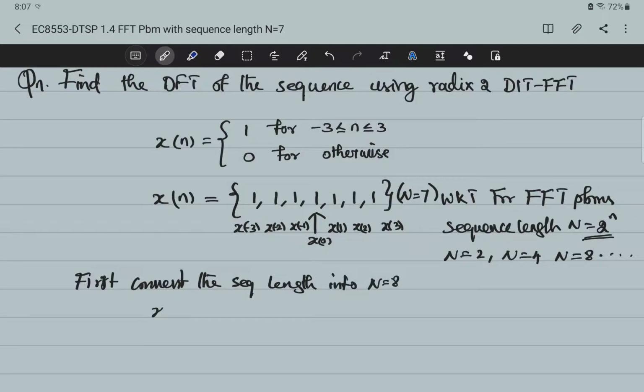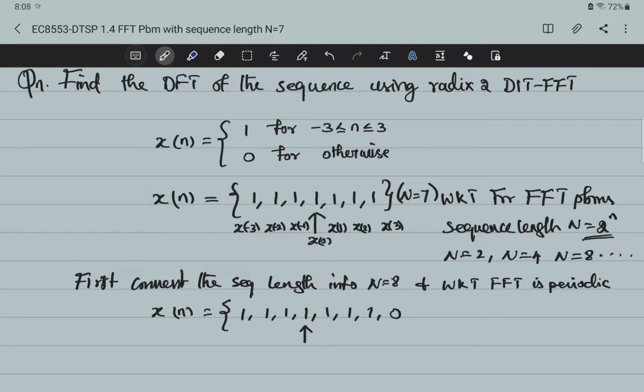So now x of n becomes 1, 1, 1, 1, 1, 1, 1, 0. So this is your origin. So now the length becomes 8, and also we know that FFT is periodic.